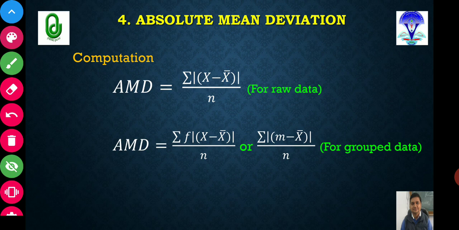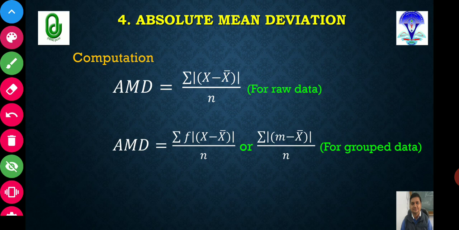So what is absolute mean deviation? It is the deviation, each and every observation should be deviated from the mean, arithmetic mean or any measure of central tendency, ignoring the signs. Suppose sometimes this x will be lower than the mean, then it will be negative, but you have to ignore the sign, and then this will be summed up and divided by the total number of observations.